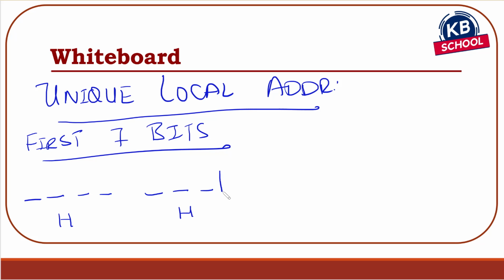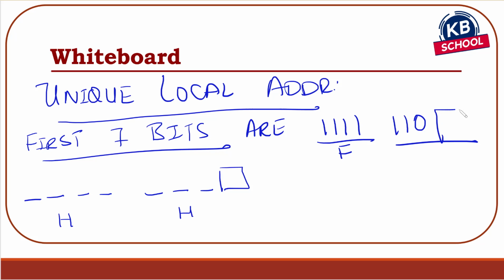So this is going to be my variable bit over here. The first 4 are 1, 1, 1, 1, which equates to an F. In the third one, it is 1, 1, 0. This is the fixed portion, leaving the 4th portion as variable. So if you write that, 1, 1, 1, 1, all ones, is an F.